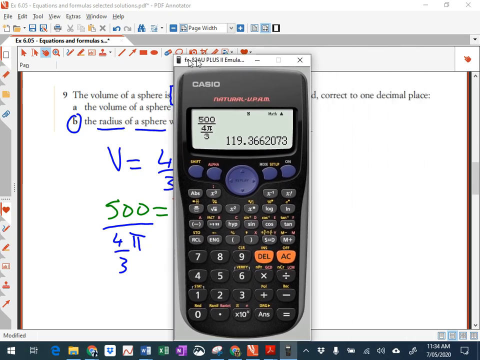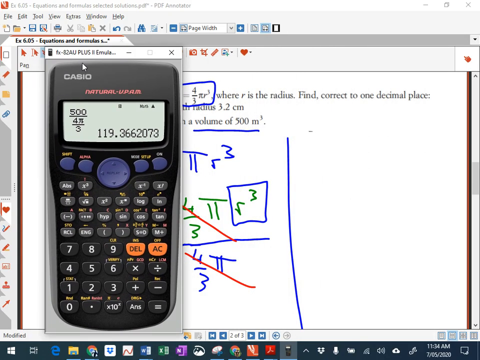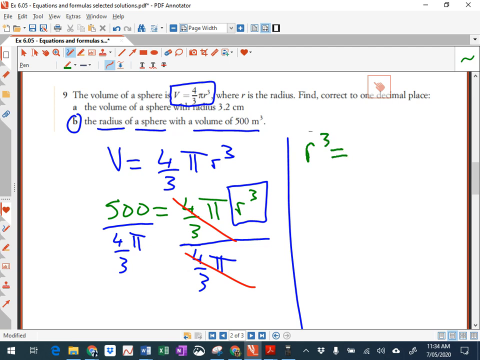Now keep that whole expression inside your calculator. So I'm going to write down next that r cubed is equal to 119.366.